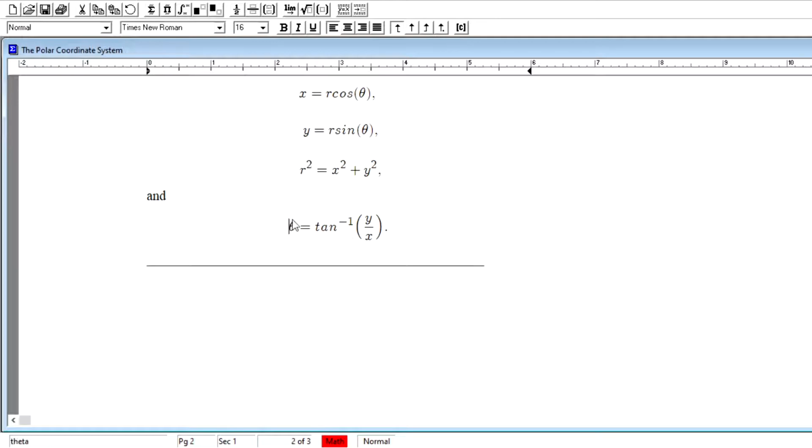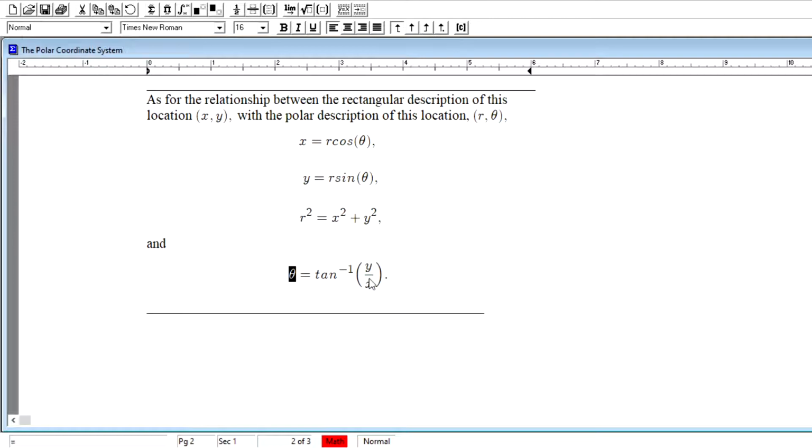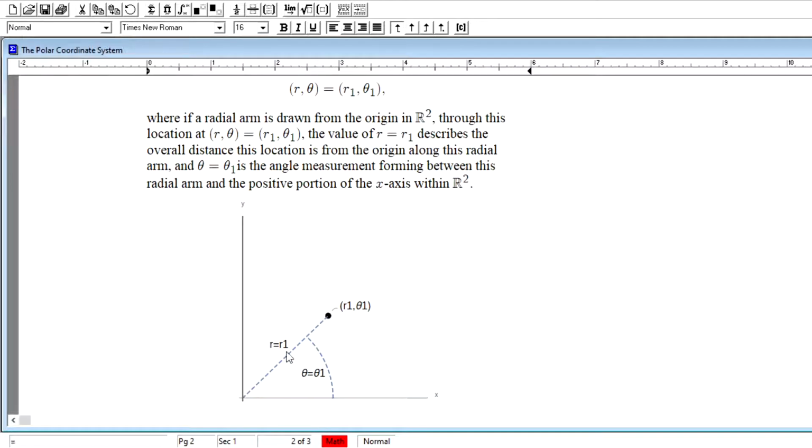And you'd be able to apply a little right triangle trigonometry and the understanding of the tangent to come up with a description of theta in terms of y and x, or x and y. That being the tangent inverse is y over x in value. Because if we think again as this being the angle measurement theta that falls between the hypotenuse and the adjacent side, the tangent of theta would be opposite y over adjacent x.